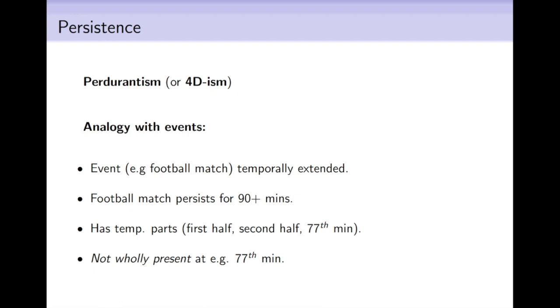So whilst this temporal parts way of speaking might be quite unusual when it comes to objects, actually it seems quite familiar from the case of events. And the Perdurantist essentially wants to model their approach to the persistence of objects over time on the ordinary understanding of the persistence of events over time.